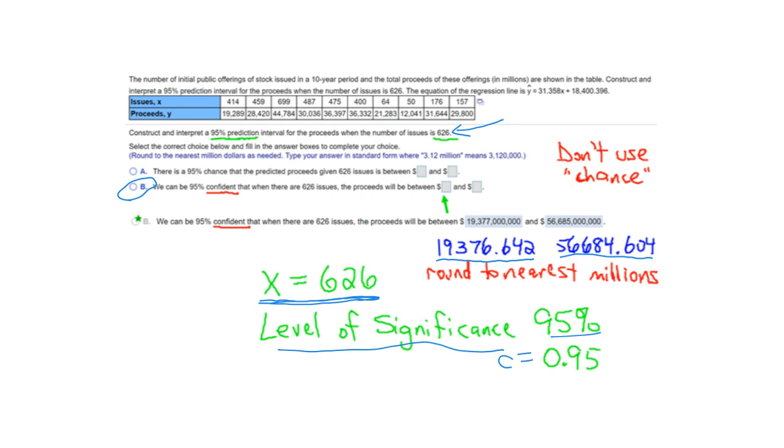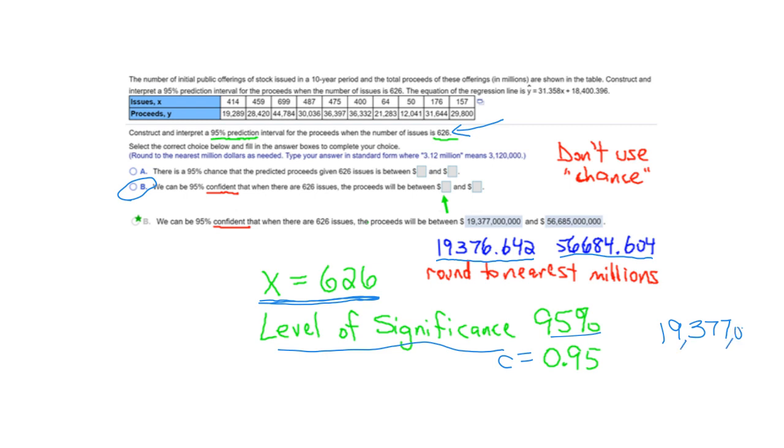Now, normally we would just pop those right in. However, the problem asks us to round to the nearest million. So what I'm going to have to do is take this 19,376.642 and round it to the nearest million. That would be 19,377. But then they want all of those zeros at the end.